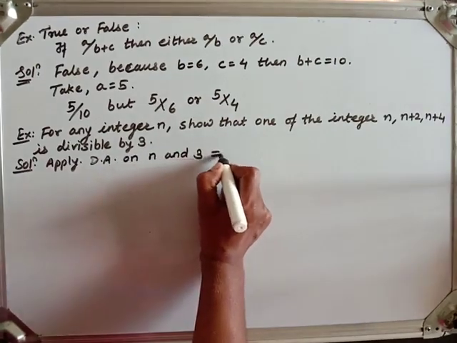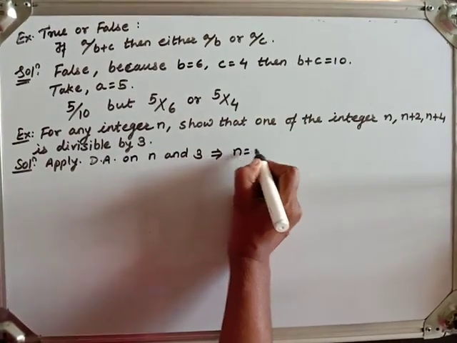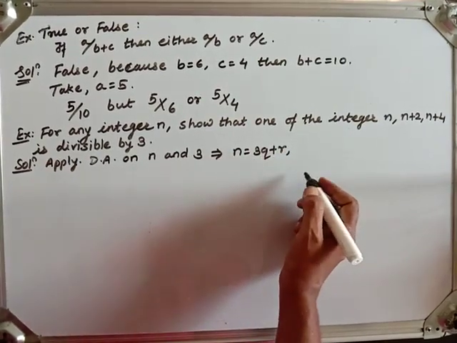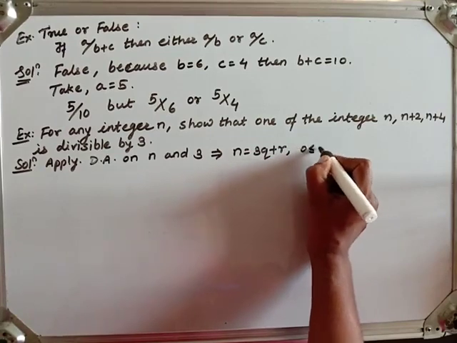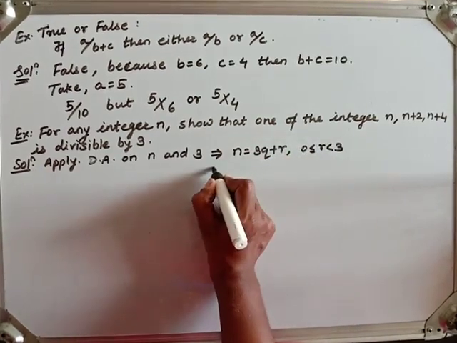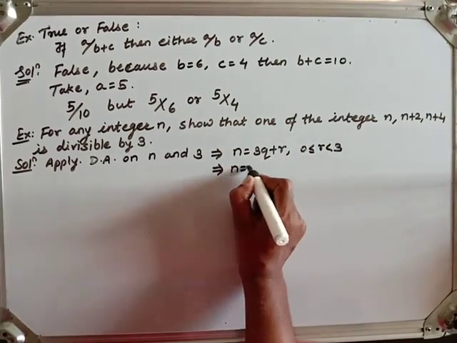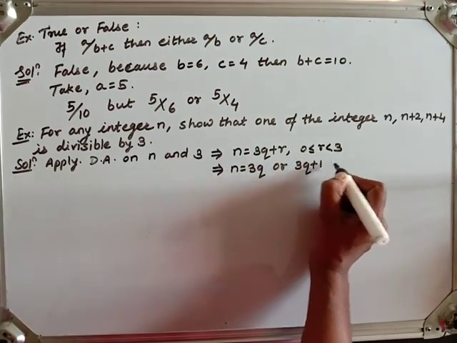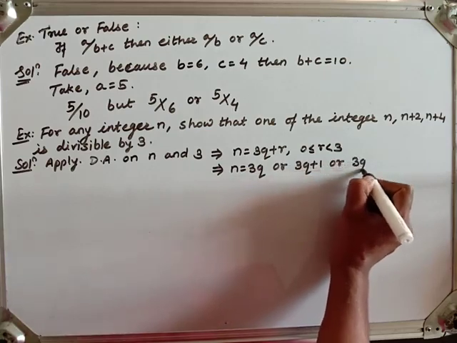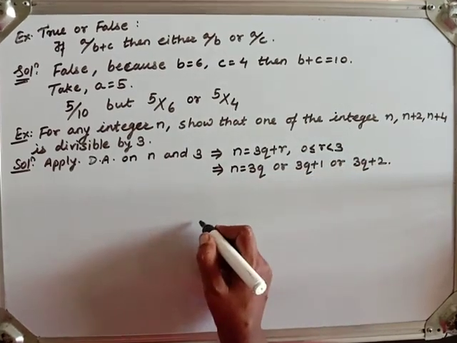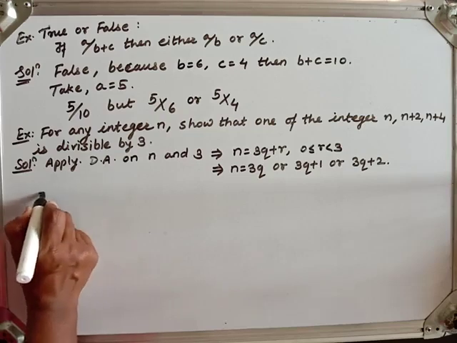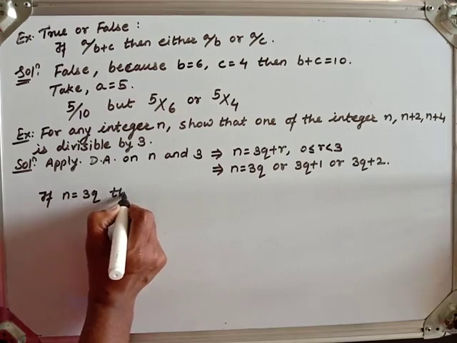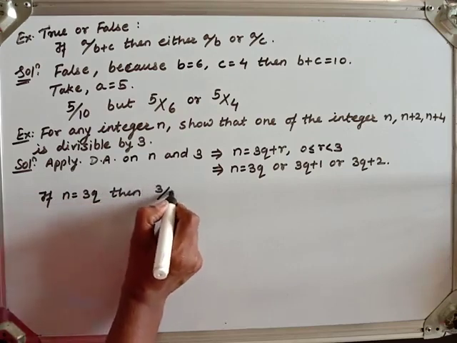Then what does this give? This gives n is equal to 3q plus r, where 0 less equal r less than 3. That is, n is either 3q or 3q plus 1 or 3q plus 2. Now if n is equal to 3q, then clearly 3 divides n.